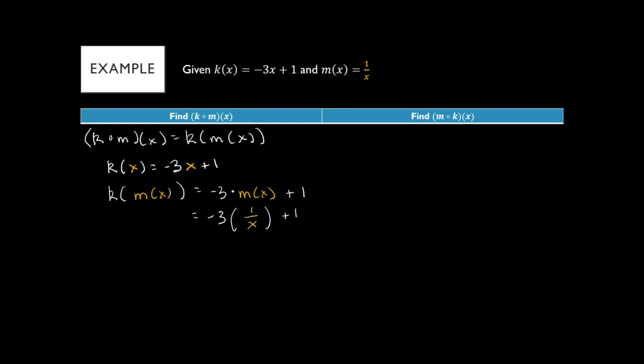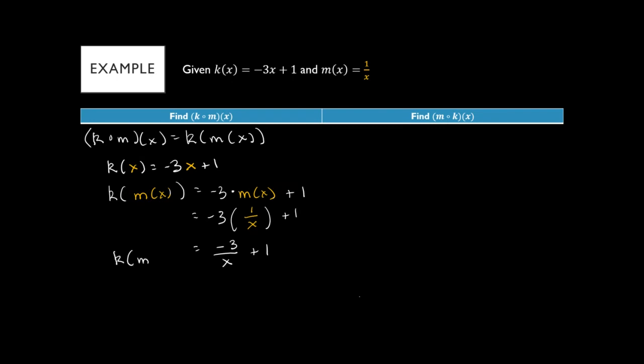So instead of plugging in a number, we're just working with the function. And then you simplify. So here I can do negative 3 times that fraction, and we get negative 3 over X plus 1. And that's our new function. What we've created here is a new function.